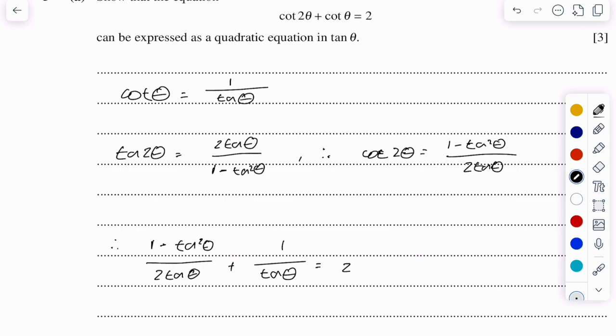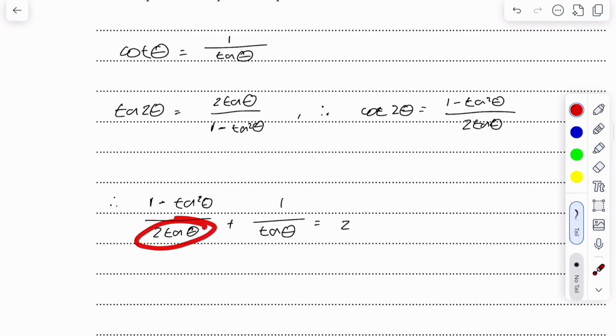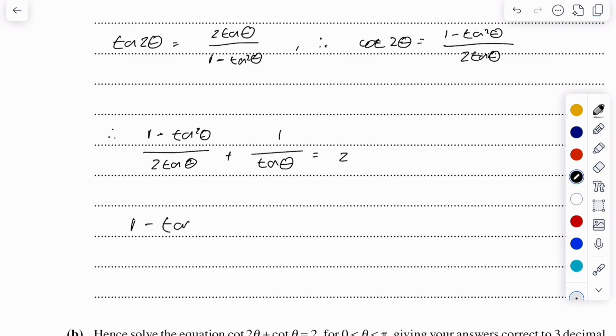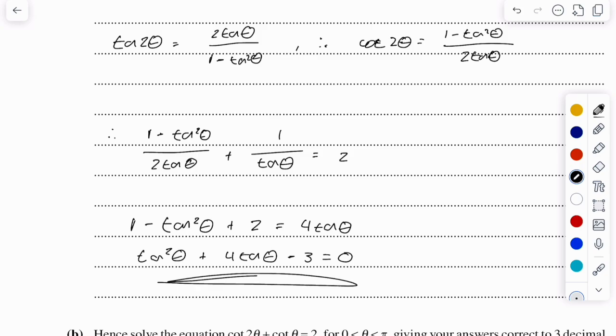Okay, and if we multiply this out now, with the common denominator needed of 2 tan theta, what we get is 1 minus tan squared theta plus 2 is equal to 4 tan theta, which translates then into tan squared theta plus 4 tan theta minus 3 is equal to 0. Okay, that's what we've done here.